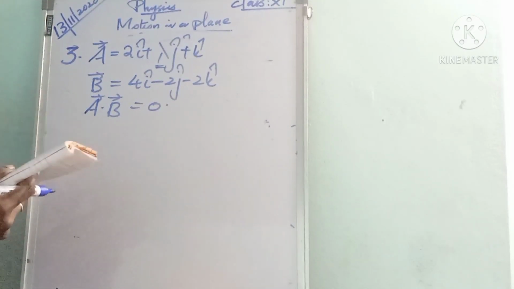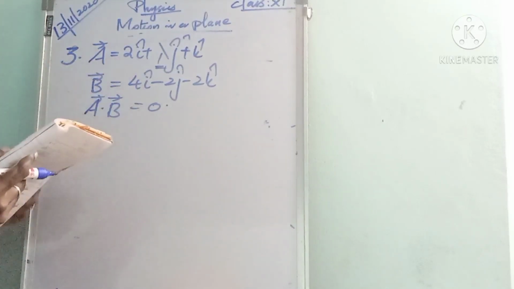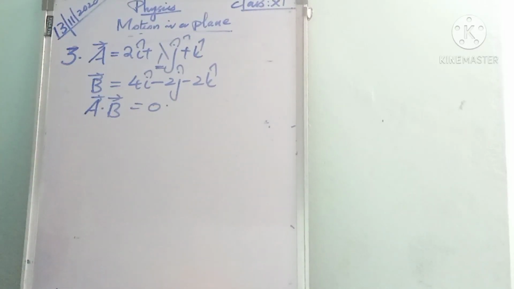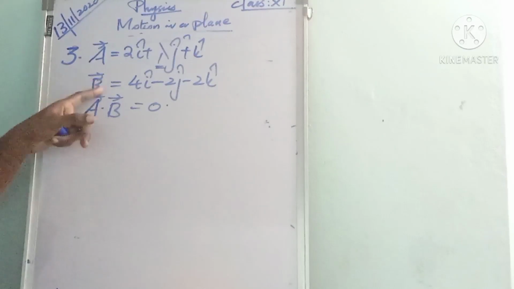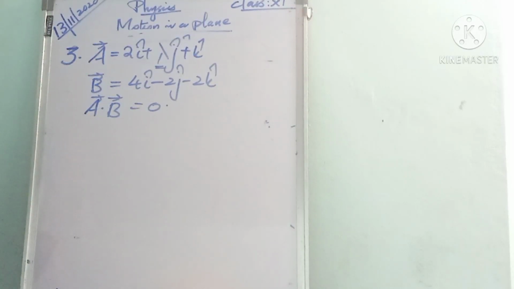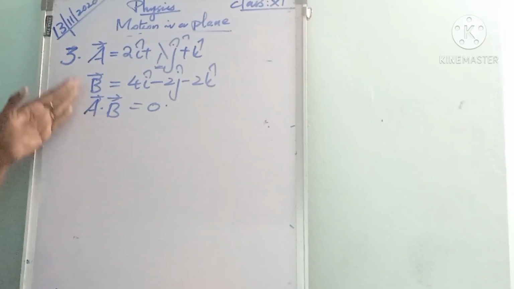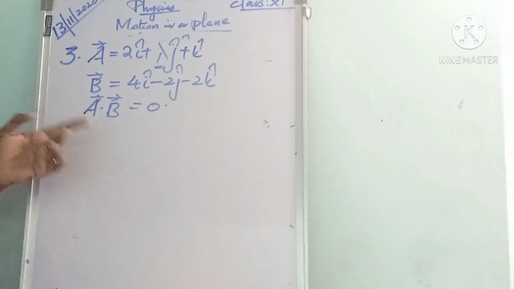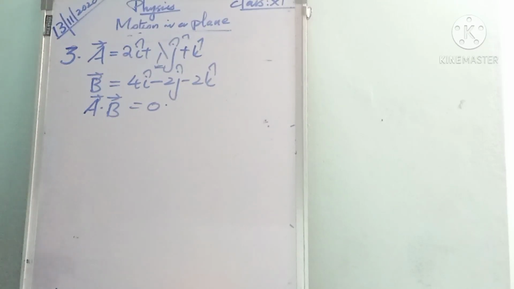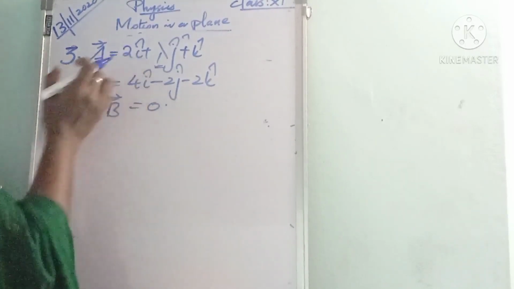And here the condition is given: the two vectors are perpendicular to each other. If the two vectors A and B are perpendicular, we have to find the value of lambda. You know, if the two vectors are perpendicular to each other, then A dot B is equal to 0. We can apply this condition here.